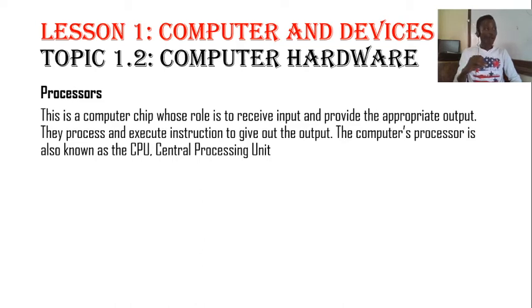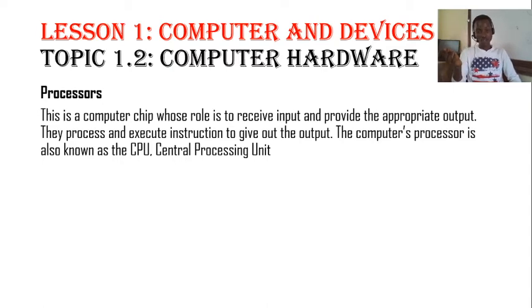All the instructions that need to be executed are only executed using the processor. Without the processor, the computer is dumb. They process and execute instructions to give out the output. We have computer processors that are used for computers, and other devices that have their own kinds of processors.